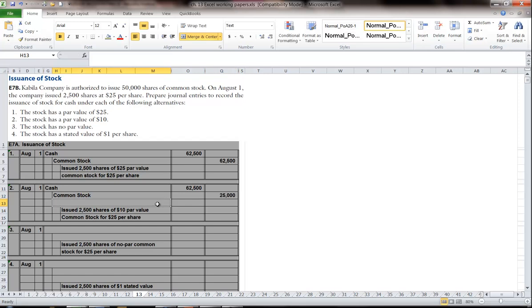So anytime we sell our stock for more than the par value, we're going to have some additional funds that are raised. And those amounts that are raised go into an account called additional paid in capital. And the amount that goes into additional paid in capital is the difference between what we sold it for and the par value.